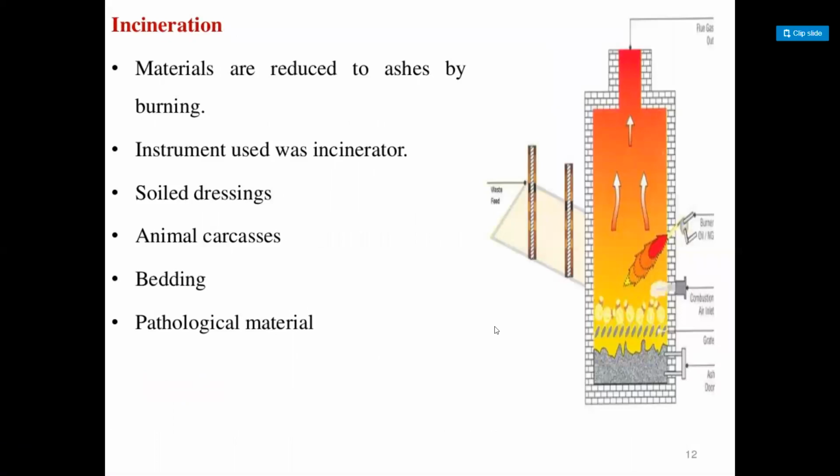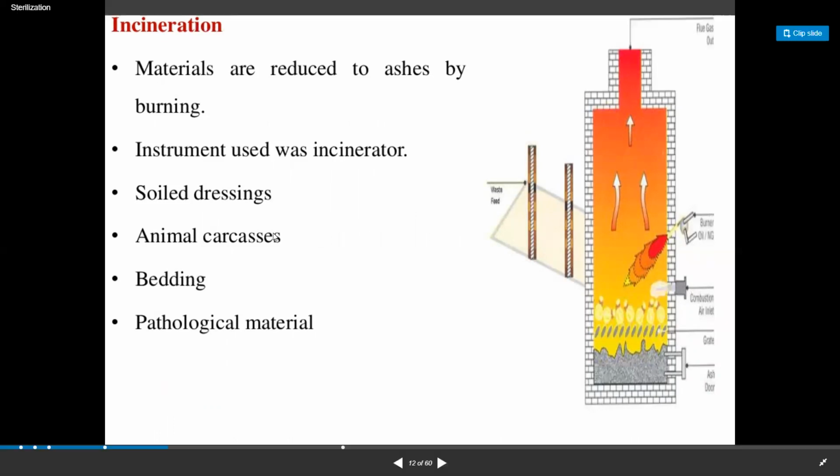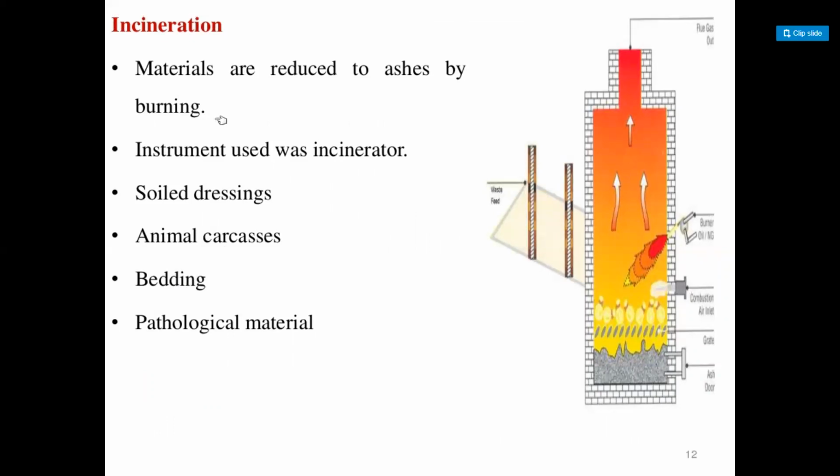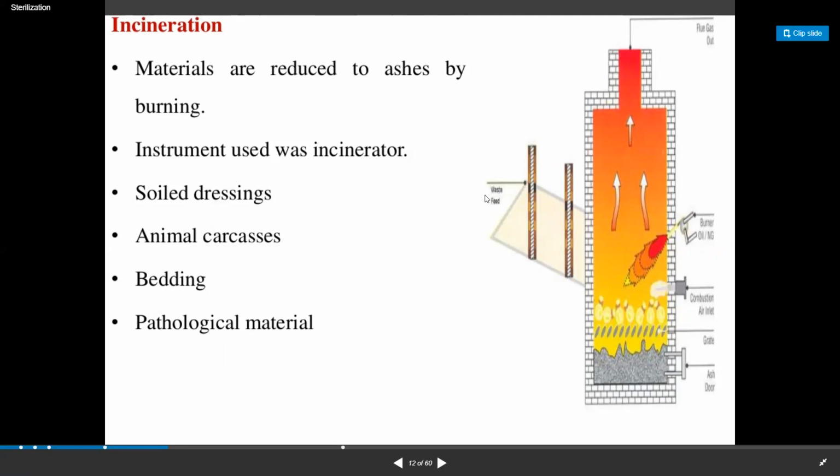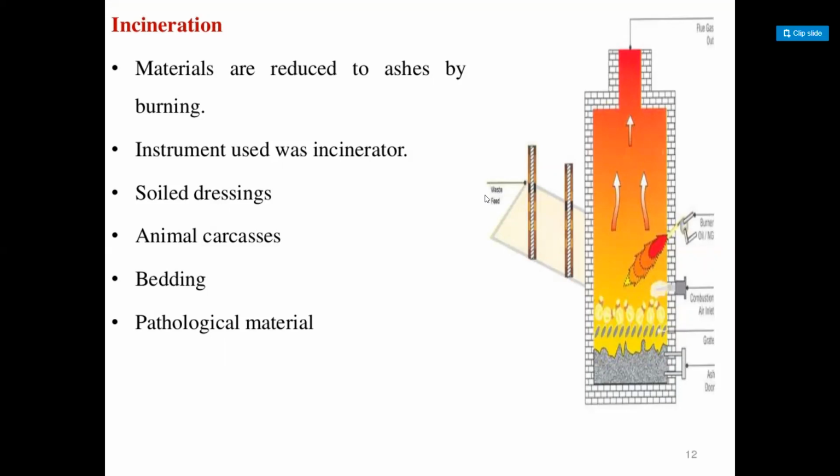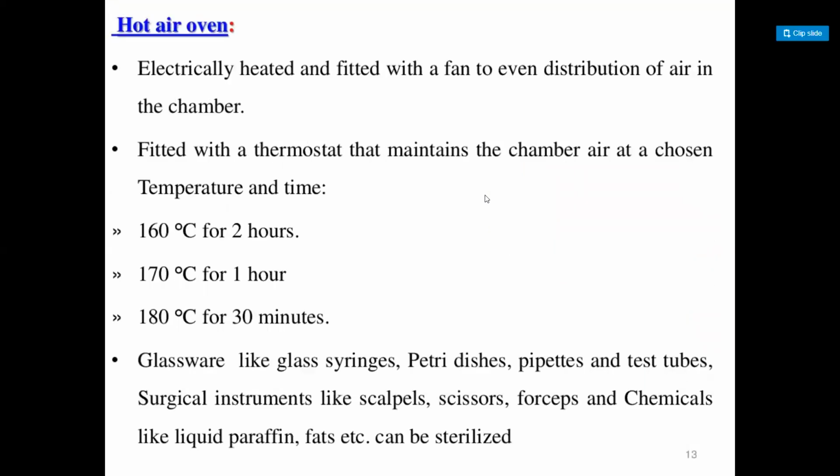And incineration means you are heating the substance to ashes. So the name of the instrument is incinerator. Here, animal carcasses or any important soiled dressings are mainly sterilized by heating to ashes. Now, hot air oven. I have mentioned in the previous slide the temperatures 160, 170, 180.